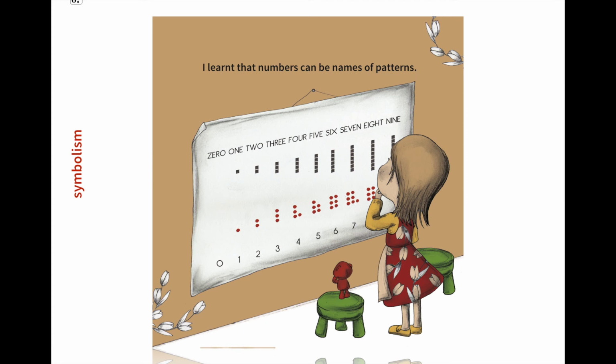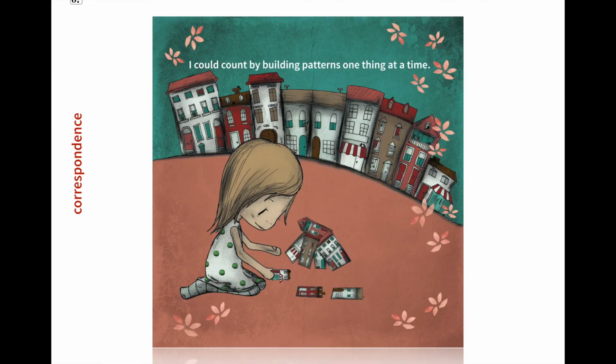So this is where you familiarize yourself with the actual numbers that you've before just had an abstract notion of. Now you're starting to get this concrete notion where these patterns that you built are actually named. At this point, you're actually ready to start counting.